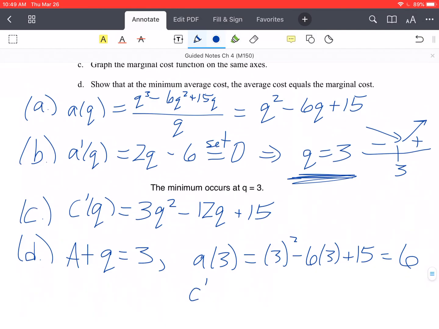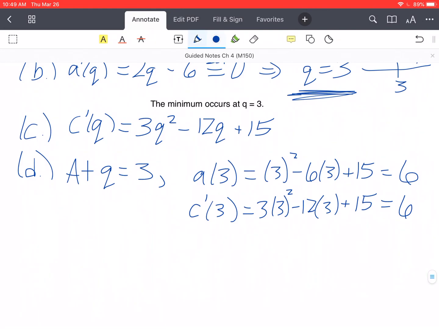And marginal cost at 3 is going to be 3 times 3 squared minus 12 times 3 plus 15. And that one also equals 6.